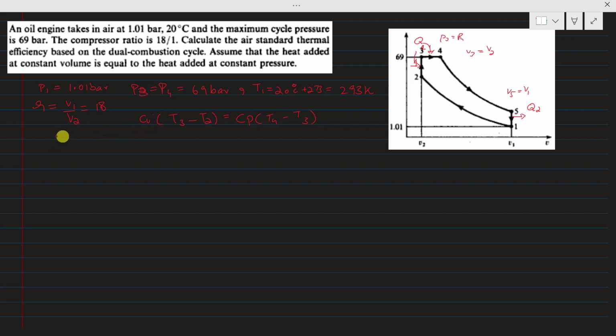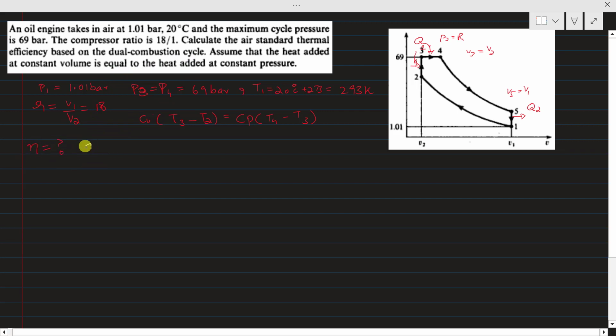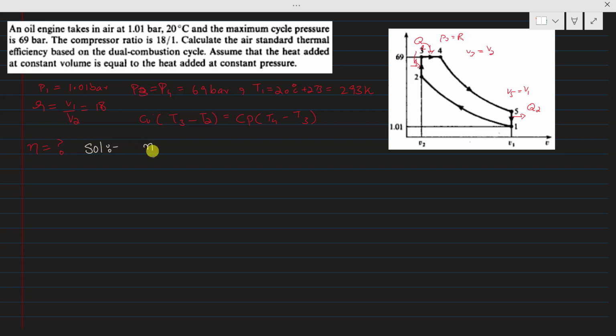So on this provided data, we have to find the thermal efficiency. Here we begin the solution. As we know, the thermal efficiency is equal to the work done divided by the heat supplied.